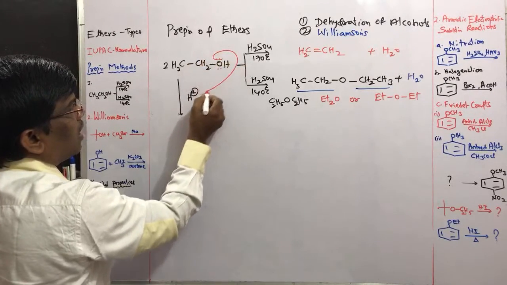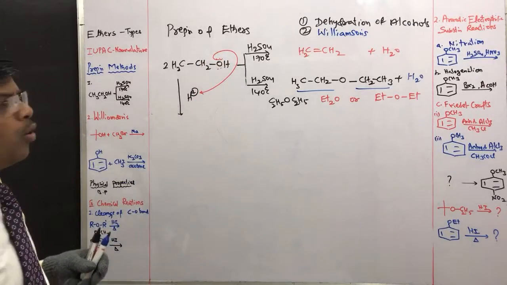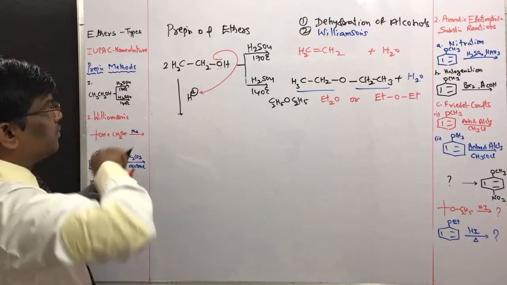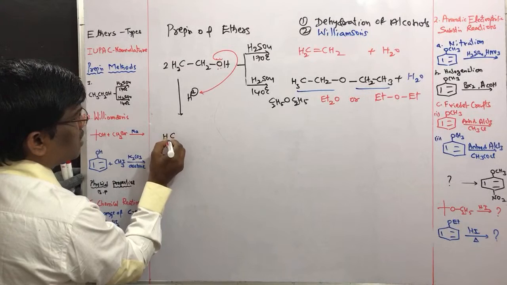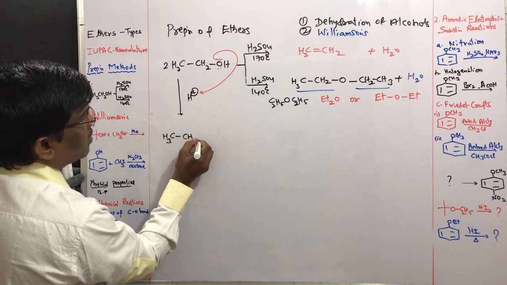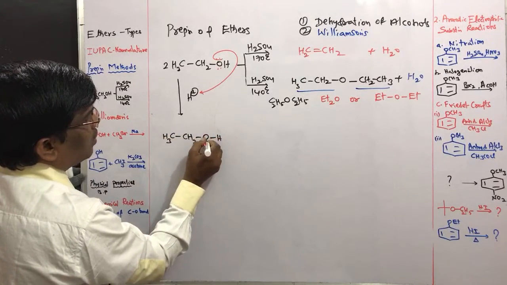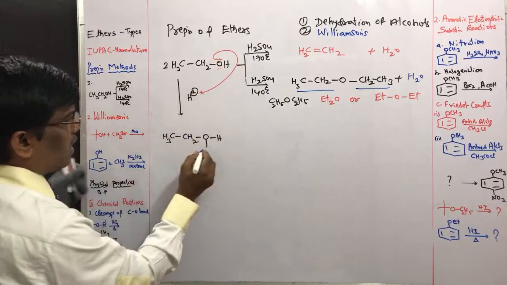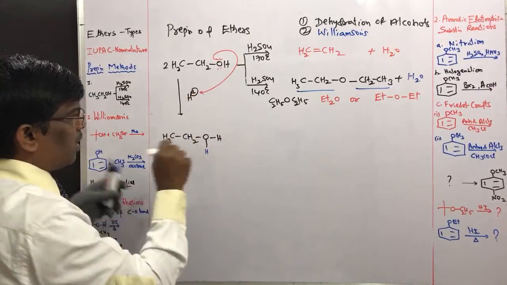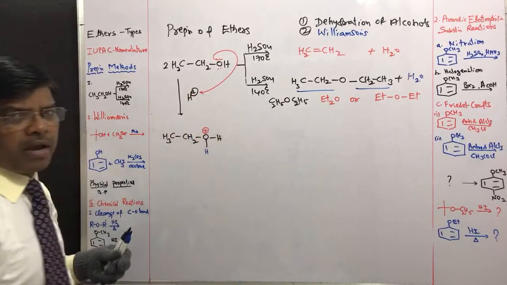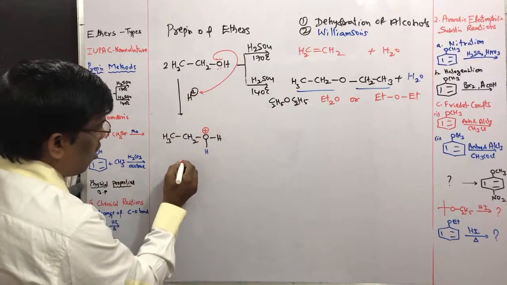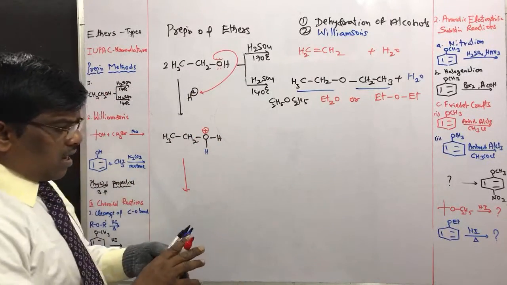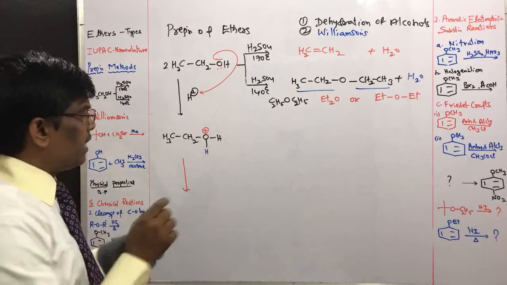So this alcohol is going to take up a proton to give CH3. Hydrogen already is there, a new hydrogen has come here, and now what is the charge? Oxonium ion.